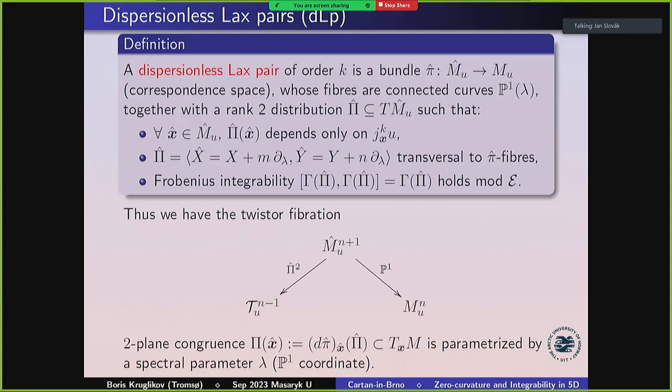Basically it's spanned by these two vector fields x and y, but they're not vector fields because they actually depend on lambda. That's called in physical usage the spectral parameter. So if you vary lambda, we get a one-parametric family of two-planes at every point. We call it a two-plane congruence. Some people say that we have to use the word pencil, but there's also reason for congruence.